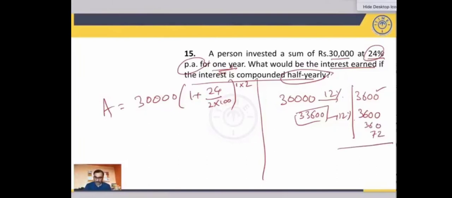So total interest earned will be how much here? 3,600 plus 3,600 plus 360 plus 72. 60 and 72 is 132. 32 carry 1. 36, 36, 72. 72 plus 1, 73. 73 plus 3, that is 76. So interest earned for 1 year will be 7,632.